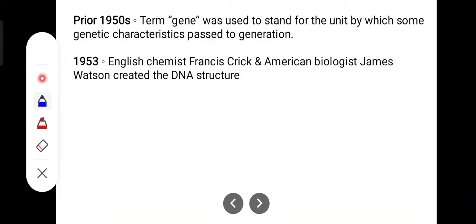Prior to the 1950s, the term gene was used to stand for the unit by which some genetic characteristics pass to generation. By 1953, English chemist Francis Crick and American biologist James Watson created the DNA structure.